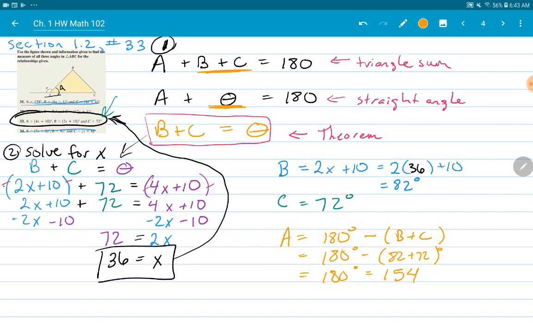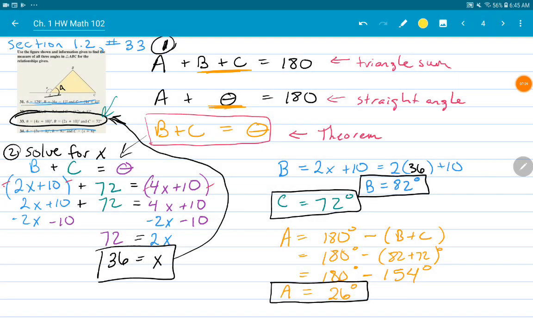Yeah, 154. That should be a minus sign, not equals. Which means that A must be 26 degrees. So there's my final answer for A, B, and C.